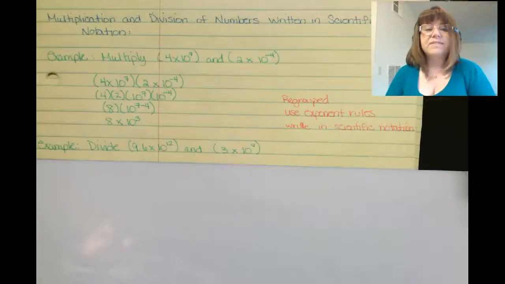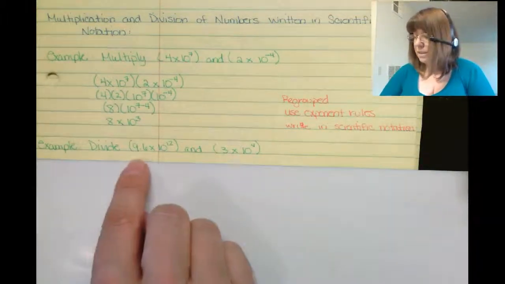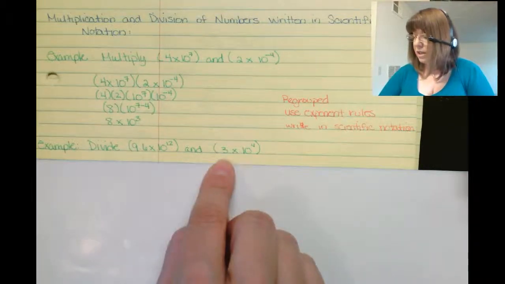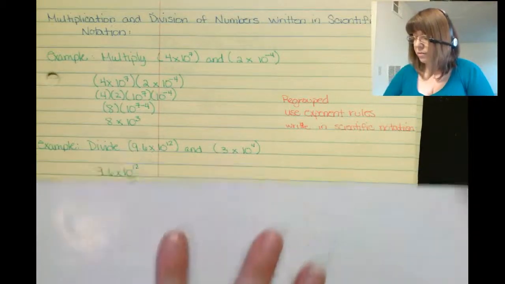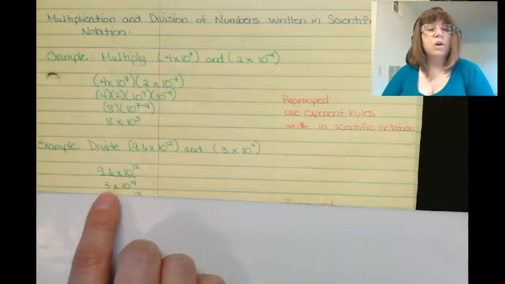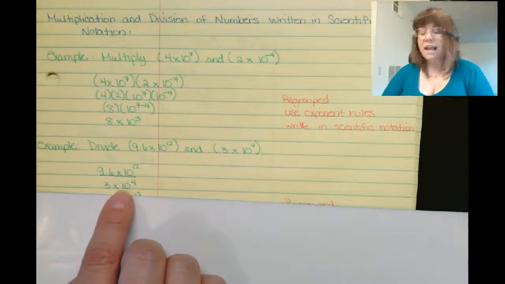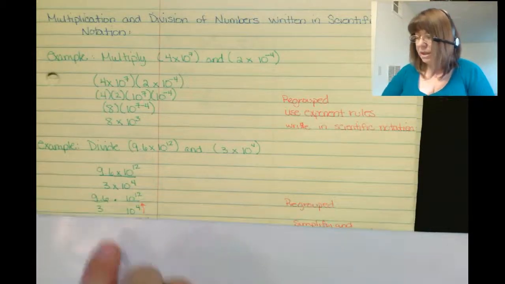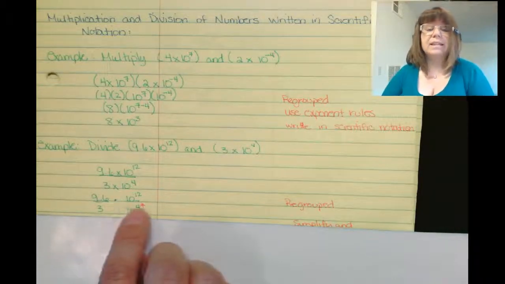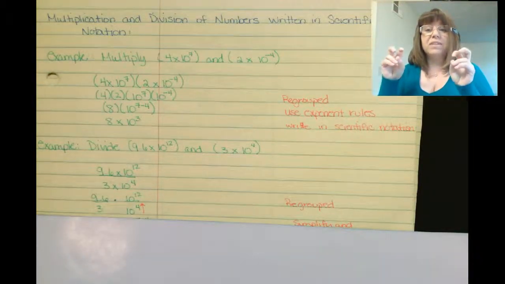Now let's consider division. 9.6 times 10 to the 12th divided by 3 times 10 to the 4th. So I have 9.6 times 10 to the 12th all over 3 times 10 to the 4th. Again, I'm going to break it apart into, in essence, the coefficients and the powers of 10.